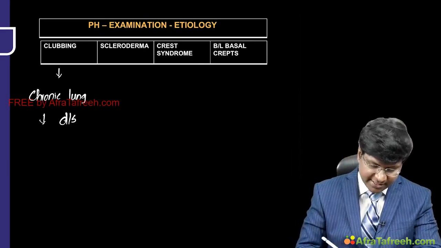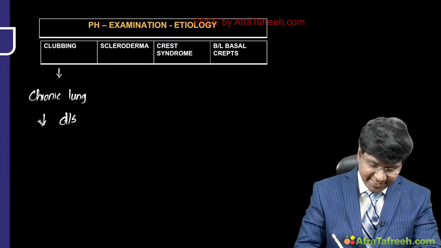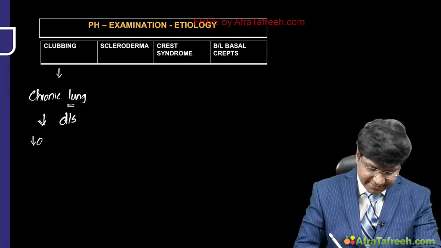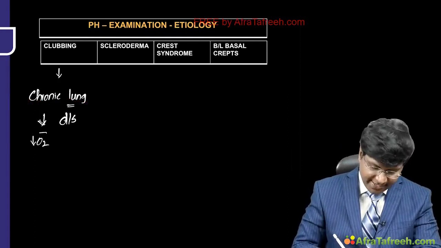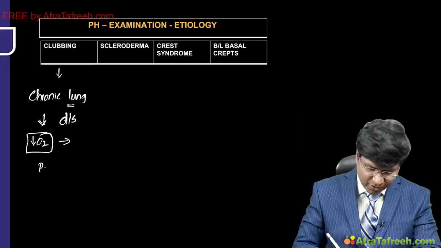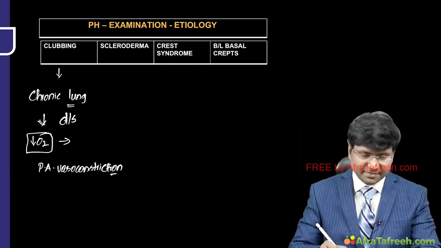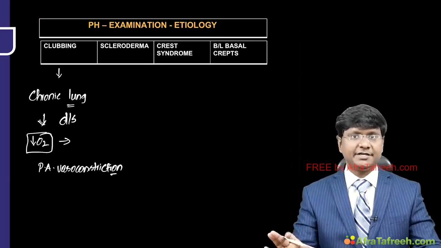How do these lung diseases cause pulmonary arterial hypertension? The mechanism is, in patients with chronic lung diseases, there is development of hypoxia. And what is the effect of hypoxia on the pulmonary artery? That will cause pulmonary artery vasoconstriction. And because of this vasoconstriction, there is increase in the pulmonary arterial pressure, causing pulmonary hypertension.